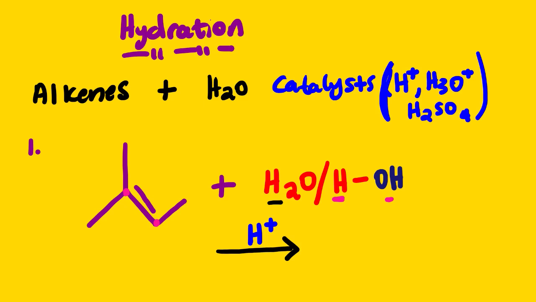After identifying the carbons which are involved in the double bond, we are going to take the hydroxide group and add it to the more substituted carbon, and the hydrogen will be added to the less substituted carbon. So you should know that the more substituted carbon will take the OH.